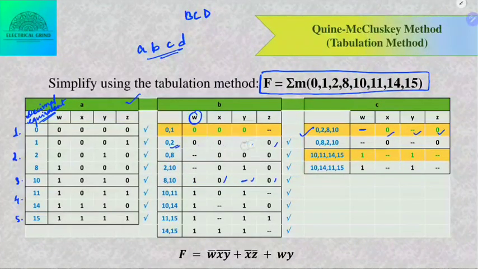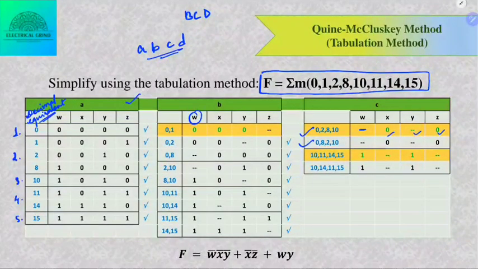Similarly, we can see that 0, 8 is matching with 2, 10 because their dash positions are the same, and we will also consider it. While comparing the second group with the third group, the dash positions are not at the same level, hence we cannot compare these two groups. So these two groups are not comparable, and we will move ahead with the last group.